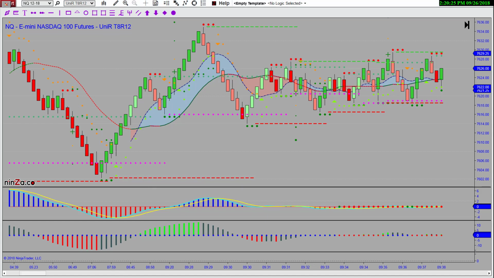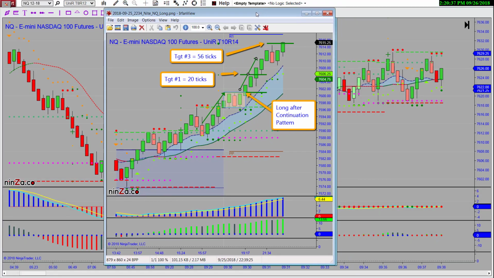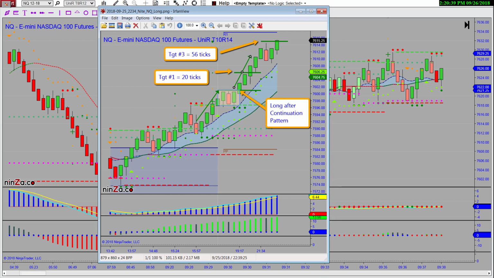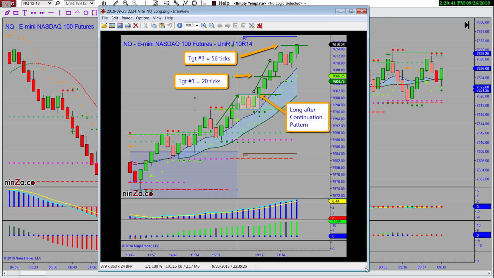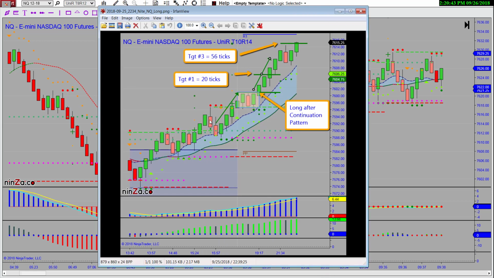Let me bring up the trades. All right. Now, I had a 10 Renko last night. I didn't change it. Possibly could have.